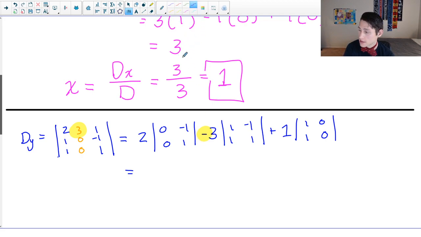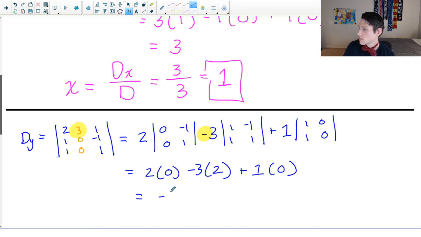It's the only spot it does that. Okay, so this is 2. 0 minus 0 is 0. 1 minus negative 1, so 2. 0 minus 0, 0. So dy is negative 6.